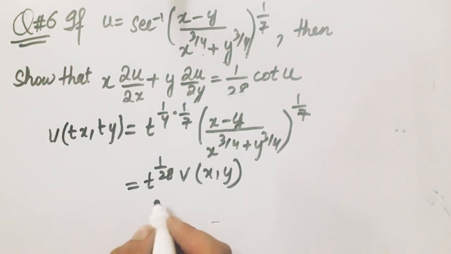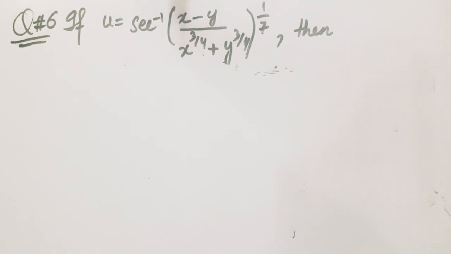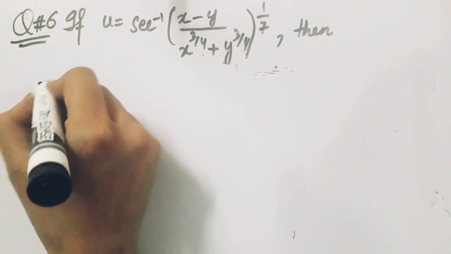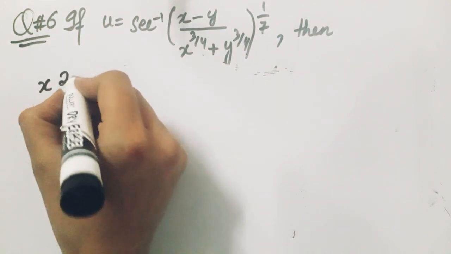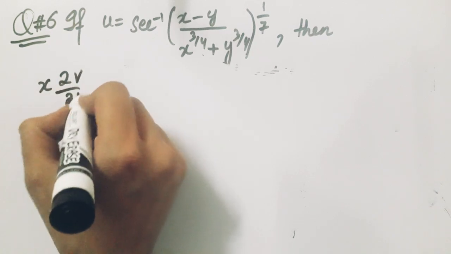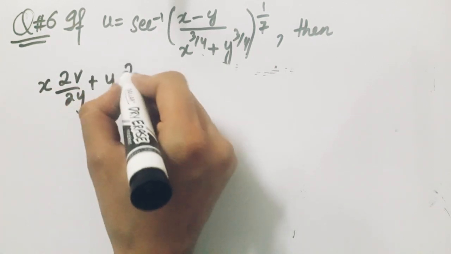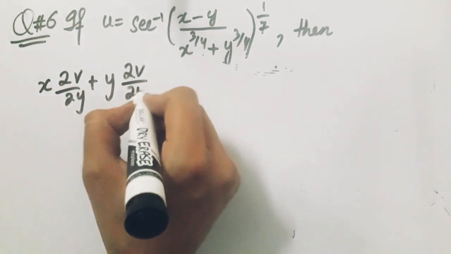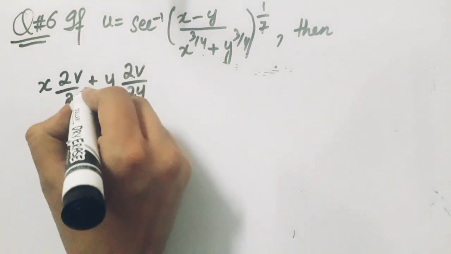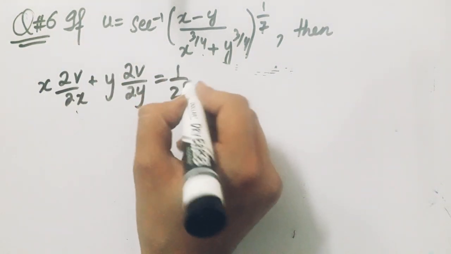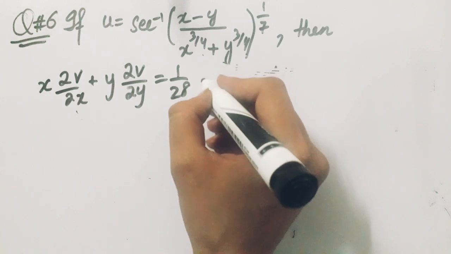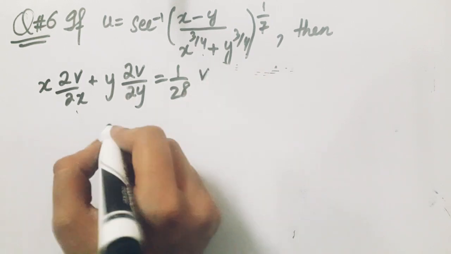Now we will apply the Euler theorem on this. So we will apply this here. So we will get x partial v over partial x plus y partial v over partial y is equal to 1 by 28 v.